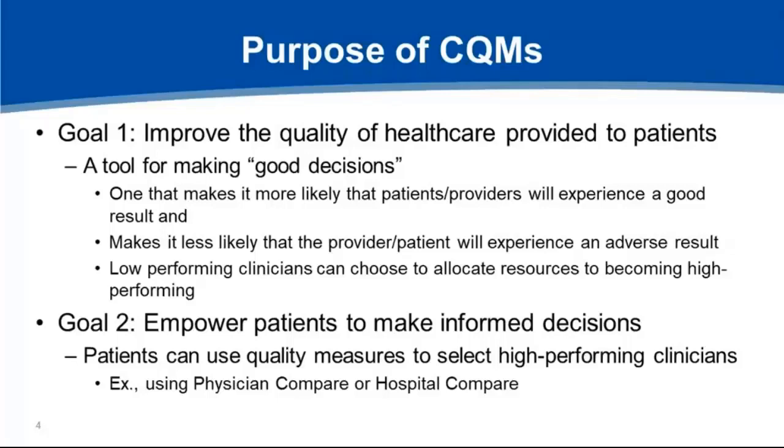And so some quality measure results are publicly reported and can be found in places such as Physician Compare, Hospital Compare, Nursing Home Compare, etc. This information can be used to help guide the patients or their family members or caregivers' decision-making when selecting a provider for a specific condition or treatment.